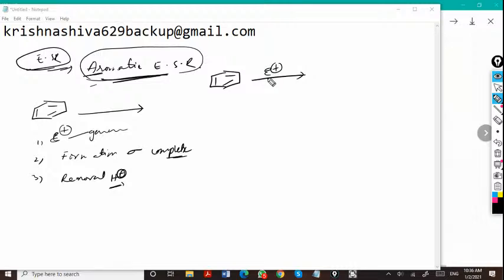Benzene has electron density, which is why it is capable of electrophilic substitution reactions. Whenever a donating group is attached to benzene, it increases the electron density, which in turn increases the rate of electrophilic substitution.